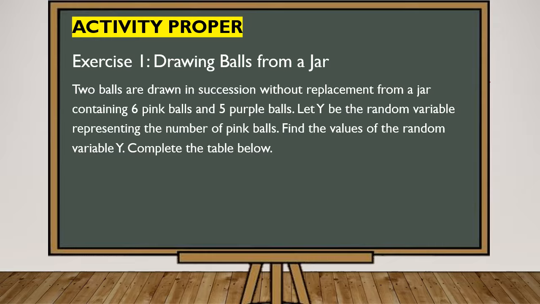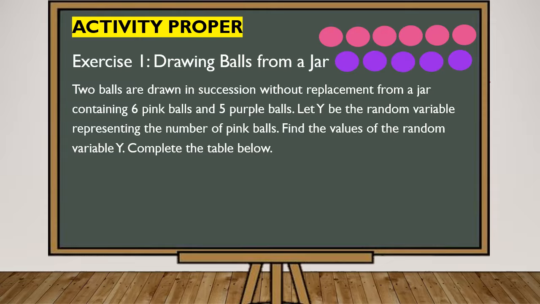Complete the table below. So what is our random variable here? I know you already know that, the number of pink balls. So find the values of the random variable y, or the number of pink balls. Complete the table below. For example, we have here 6 pink balls and 5 purple balls. So list down.